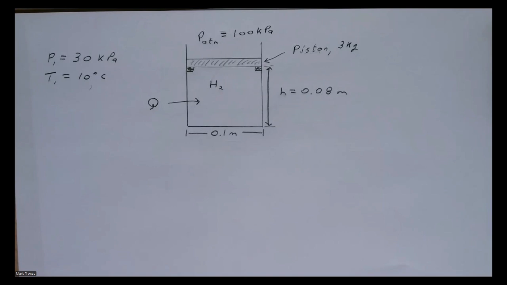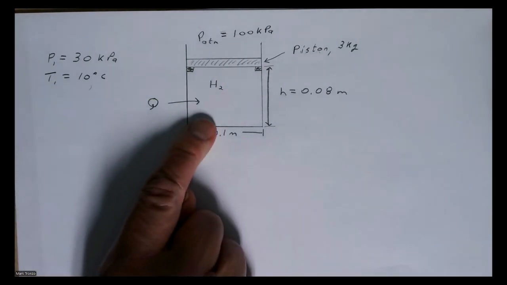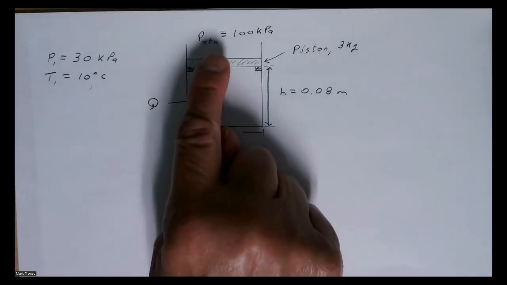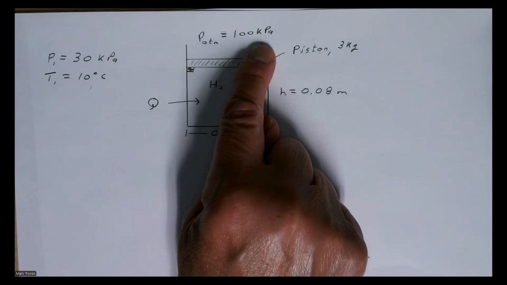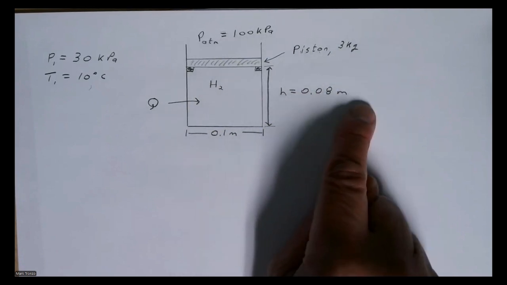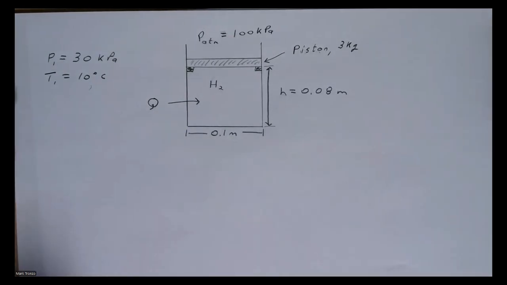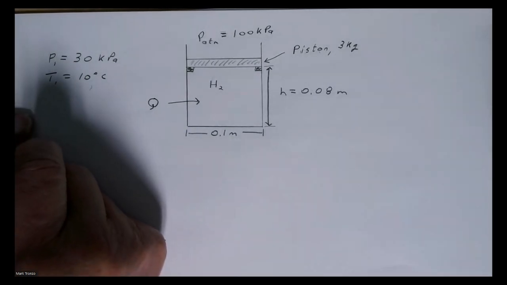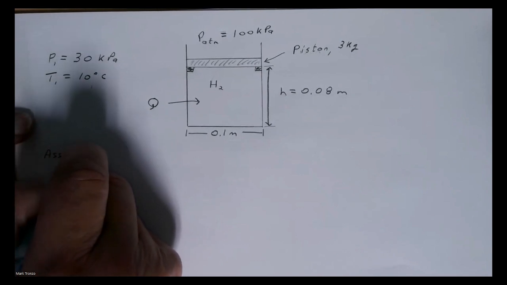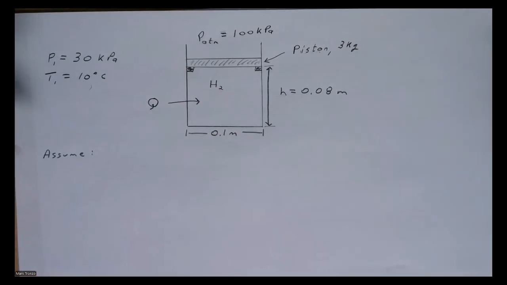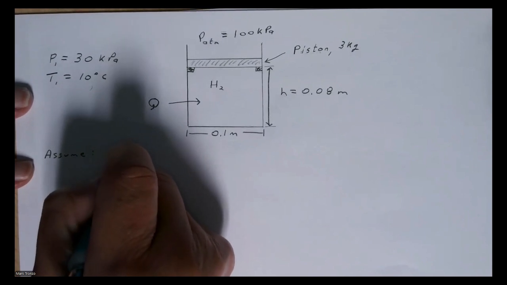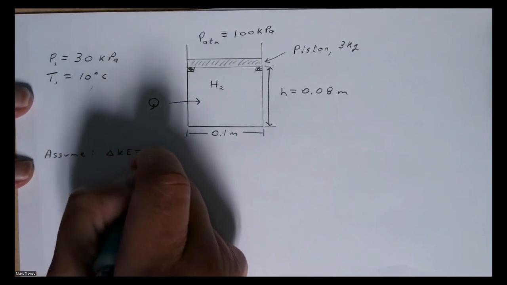So the problem looks something like this. We have hydrogen, 30 kPa, 10 degrees C, and the atmospheric pressure is 100 kPa. The piston is 3 kilograms, and the height is 0.08 meters. And we should put down some assumptions. And again, there's nothing flowing, and so we can assume the change in kinetic energy is 0.